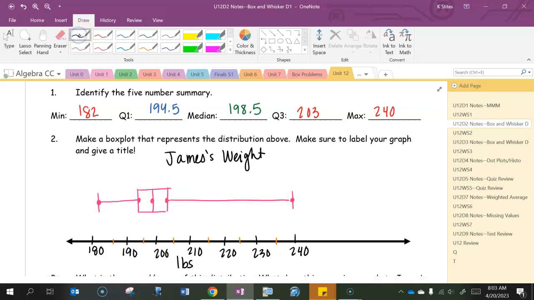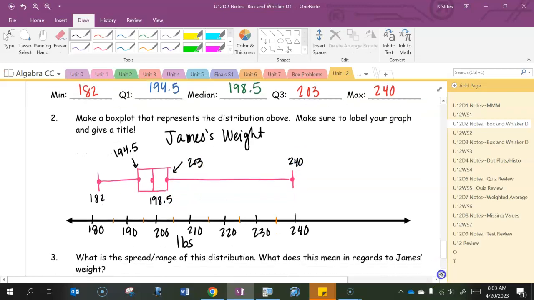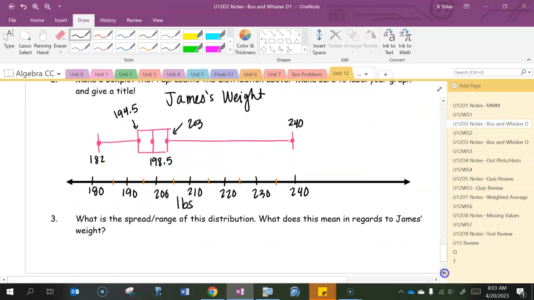And don't forget to label 182. This is 194.5. Put this guy down here. 198.5. 203 and 240. Okay. And finally, we want to know the spread or range of the data.